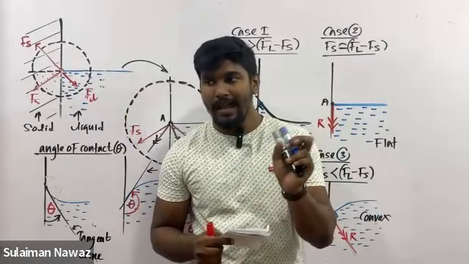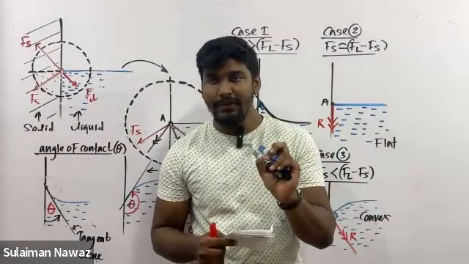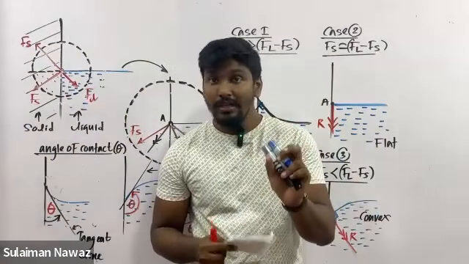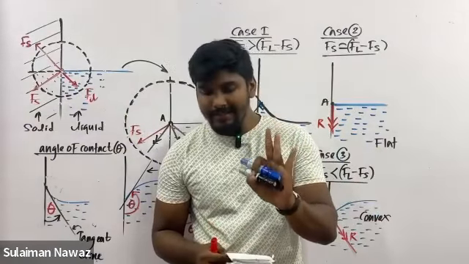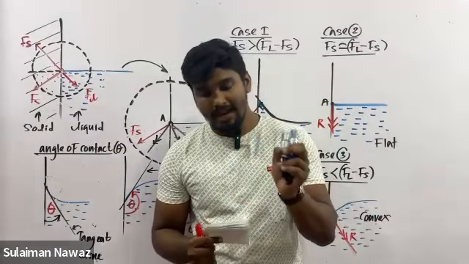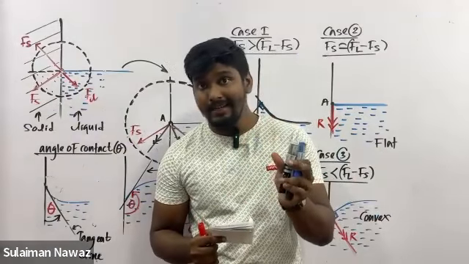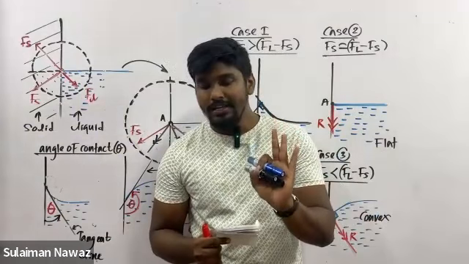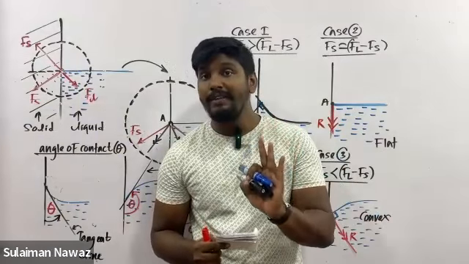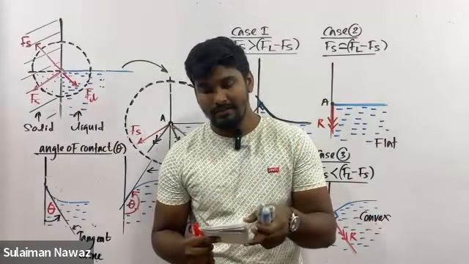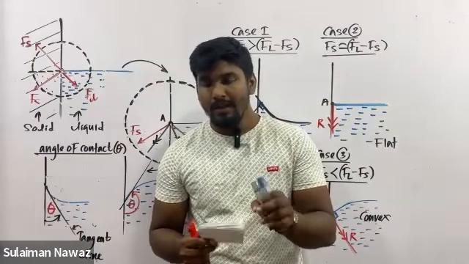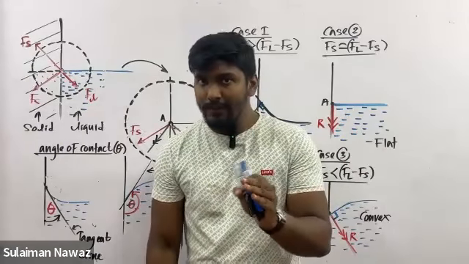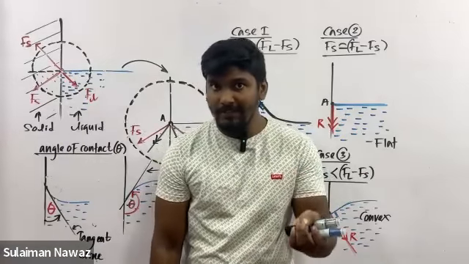Highlight: angle of contact 0 or very small, liquid wets the solid. Highlight: contact angle larger, liquid does not wet the solid. Okay. Now I think you understood how this angle of contact is measured.